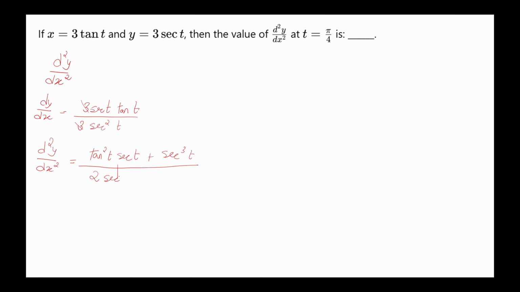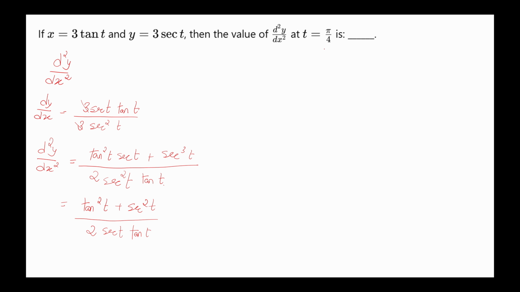So this would be 2 sec t into differentiation of sec t, which is sec t tan t. So from here now I can take sec t common and I can cancel it out. So upon taking it common and cancelling it out, what are we left with? Tan square t plus sec square t upon 2 times sec t tan t.